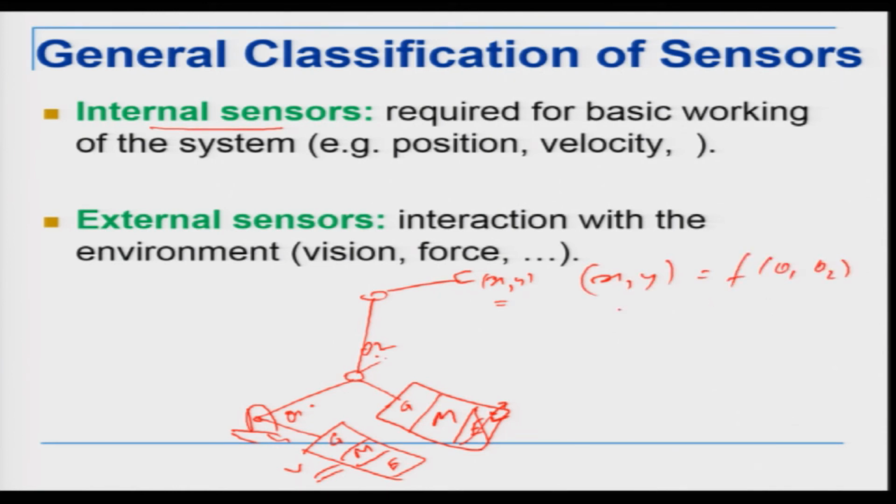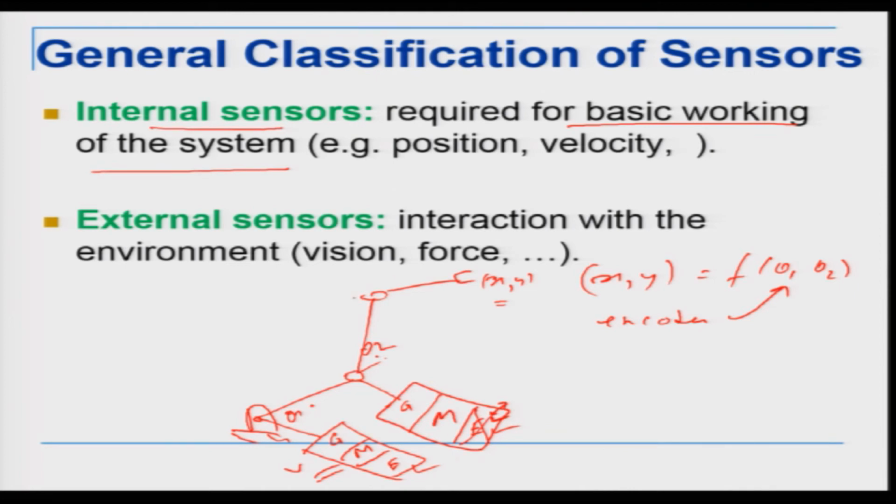So, this feedback is given by my encoder, of what theta 1 and theta 2 are. So, such sensors that are required for the basic working of the system, okay, are called internal sensors. Without these internal sensors, the system will not work. Okay. An example of internal sensors is the position sensor and encoder. The encoder also gives velocity and accelerations.